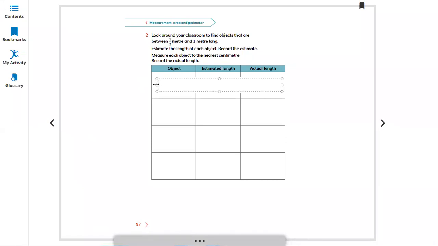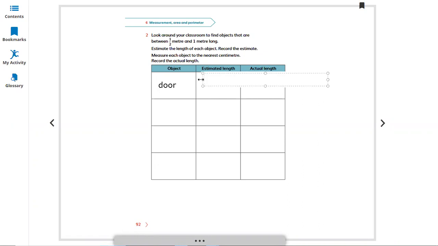Object: you can write door, and estimated length. What's the length of a door in meter and in centimeter? Let's write in meter.